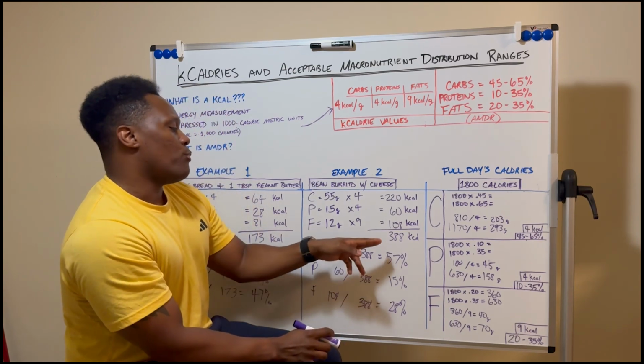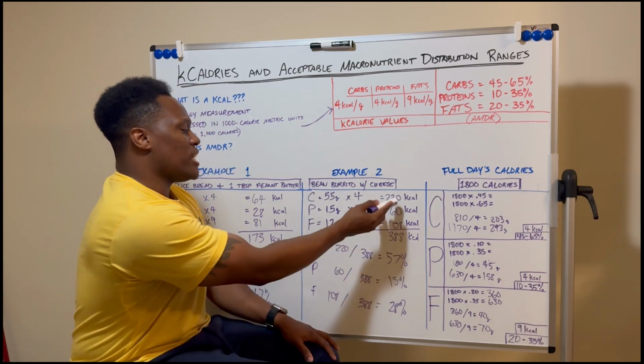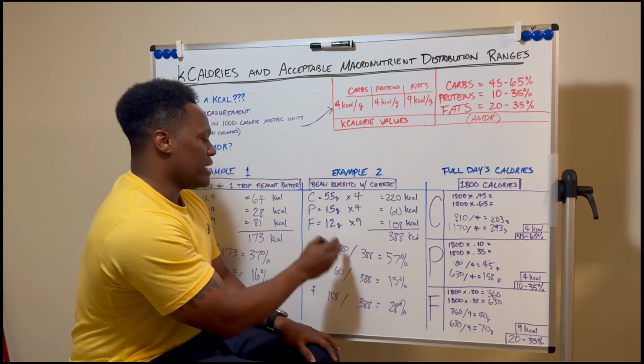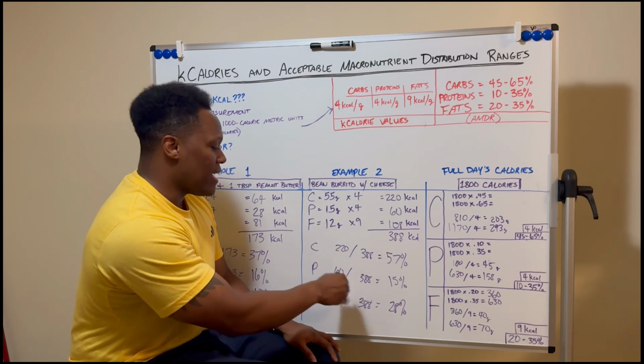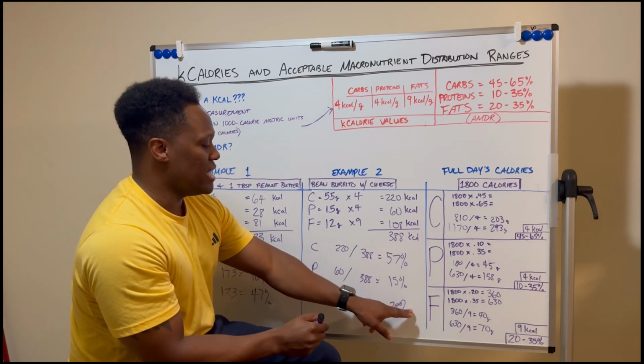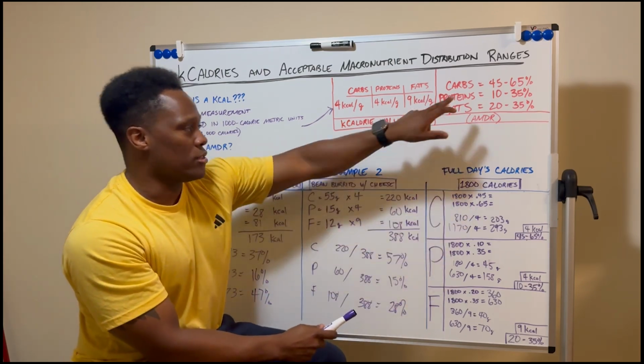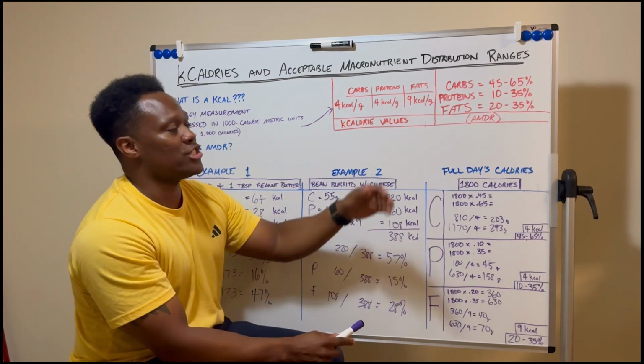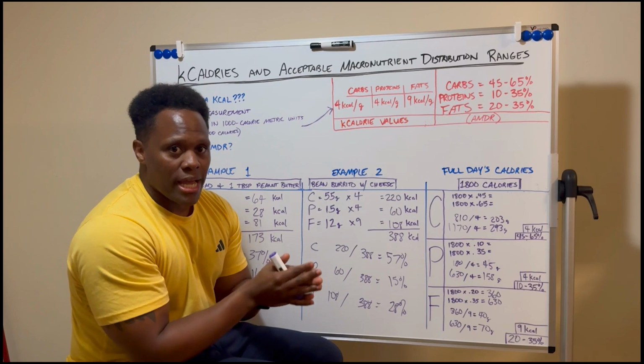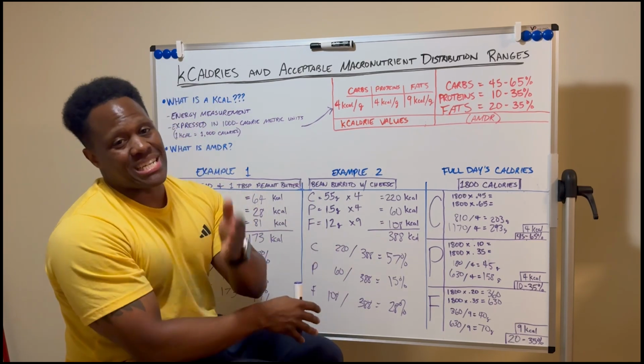When you get that total, you take each individual macronutrient's kCalories, divide it by that total number, and it'll give you your percentage. It's going to give you your AMDR range. Then you can use this percentage, looking at the legend for the AMDR range, to see whether you're within range, or maybe less than, or maybe you exceed.